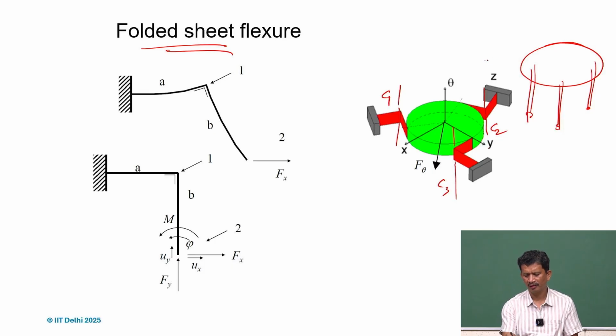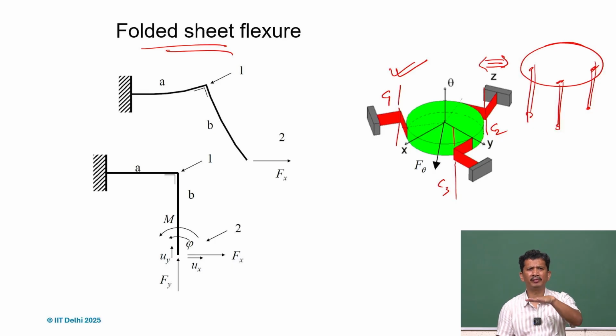It's very similar to this. Of course, if we have the flexure members here and try to use them, they will flex, and similar to a parallel guidance system, what we also realize here is there will be a shortening effect if there is any deformation. One good thing about using folded sheet flexure is we don't have that shortening effect because it's still floating.